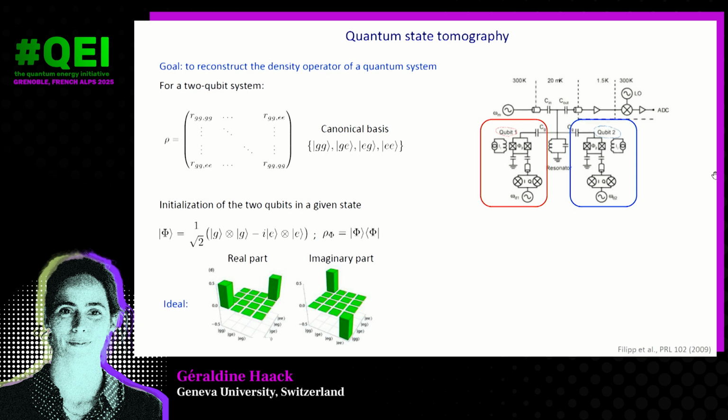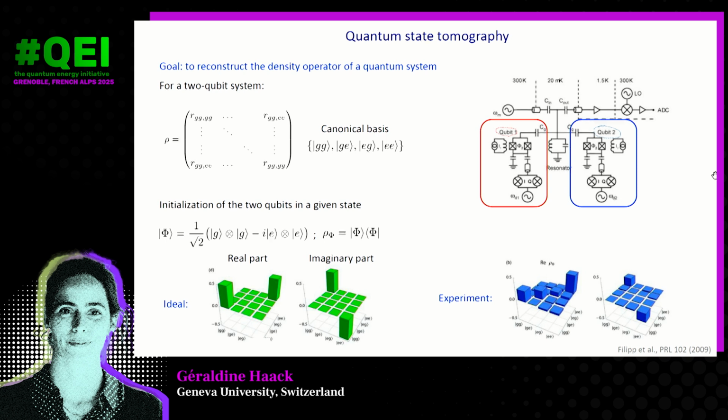If you compute the density operator defined by this, you can represent the real part and the imaginary part of the 16 elements of the density operator with tomograms. It's like histograms for a density operator. This is what it should look like in theory, and this is what they got in the experiment.